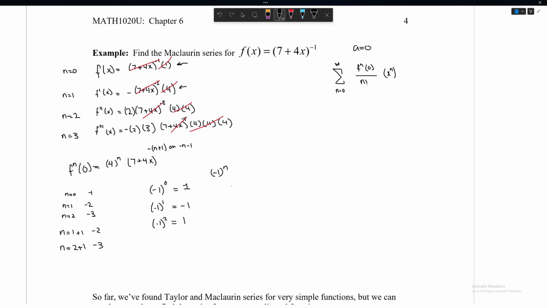If it's the other way, let's assume this was negative and this was positive, how do you represent that? What you can do is, so let me get rid of this, you can do negative 1 to the n plus 1. Okay? And so this will work the other way. When n is 0, let's assume this number is negative. When it's negative 1 to the 0 plus 1, you see now I get negative 1.